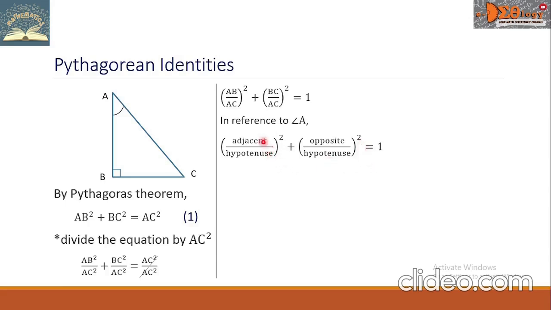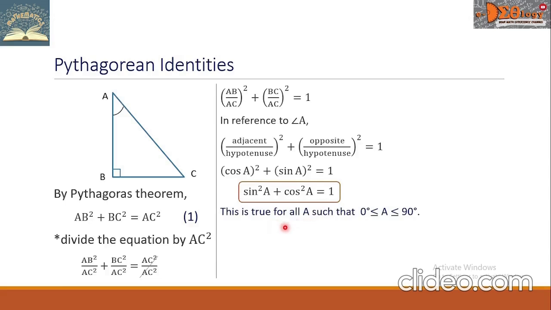Remember that adjacent over hypotenuse is cosine A, that is squared, plus opposite over hypotenuse is sine of A, that is squared, equals 1. We can rewrite this equation as sine squared A plus cosine squared A equals 1. This is the first Pythagorean identity.